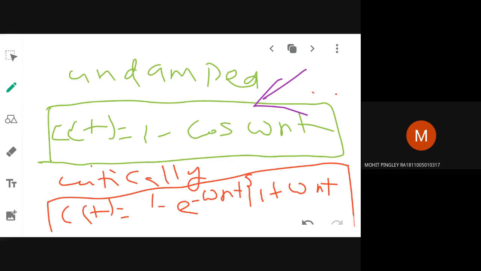Okay, undamped system, what is the equation that we derived in the last class? C of t we derived for an undamped system by substituting zeta equal to 0. For critically damped, we substituted zeta equal to 1 and obtained this equation. If you remember these equations, it will be easy for you to solve the problem.